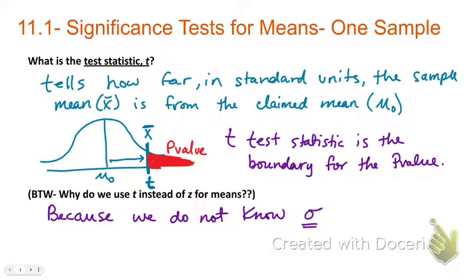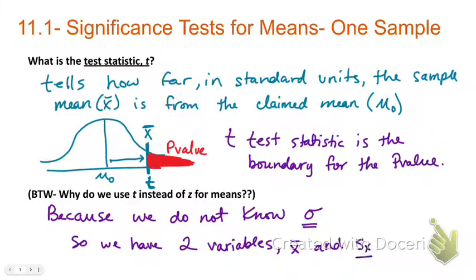Therefore, we have two variables, and those are x bar and s sub x. Because we don't know sigma, we're having to go to a second level of variability, s sub x.